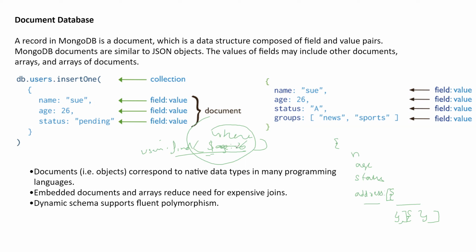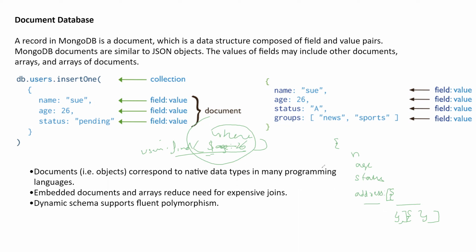Sure. So as we are saying, we can query this, and documents correspond to the native data types in many programming languages. As I discussed, we have string, integer, boolean, and arrays, lists. So how do we create an object?